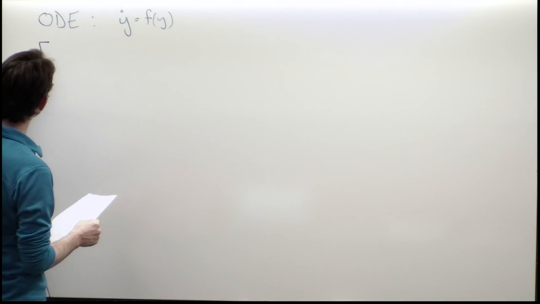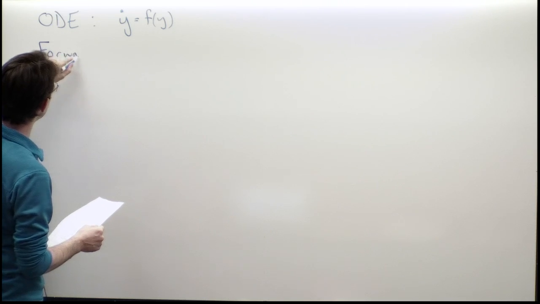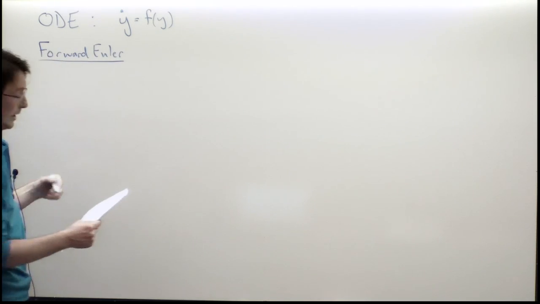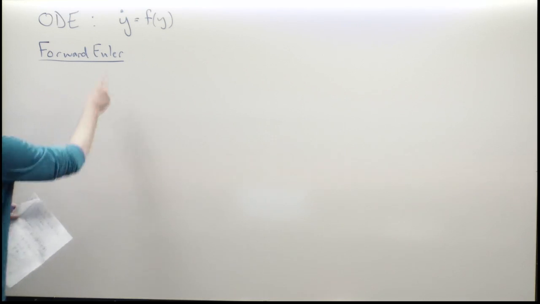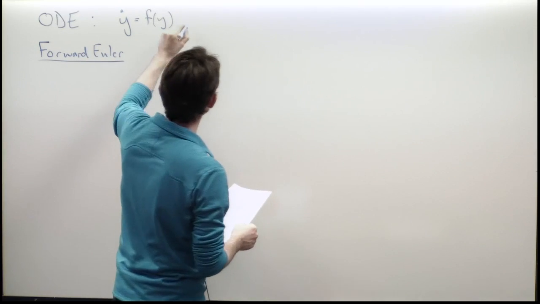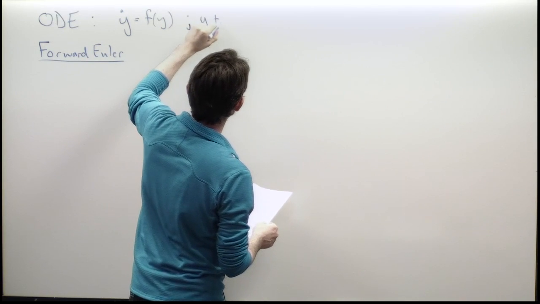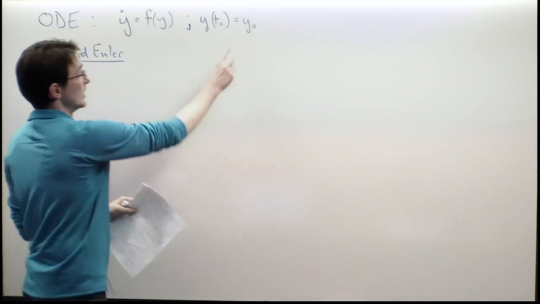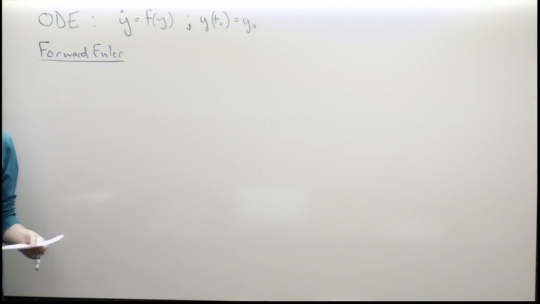Okay, so recall that last time we introduced the forward Euler method of integrating. So what we really want to do is start with some initial data. I'm going to say y at time 0 equals y0. This is just an initial condition to my system.